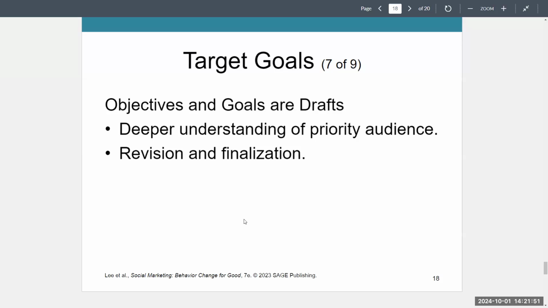But as you start to implement it, you start to understand in a deeper sense who your target audience is and what needs they have, in order for us to really reframe that campaign without bias, okay? And then finally, as you're going through your goals and objectives and refining them, you get to revisions and you get to finalization of your objectives, okay?